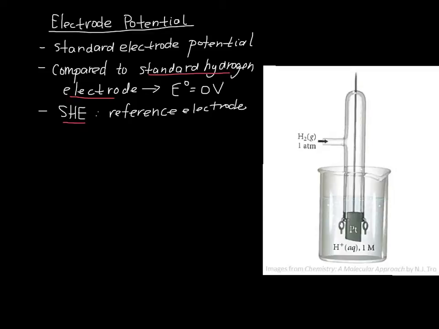So if we pair a different half-cell reaction with the standard hydrogen electrode, then we can find the standard electrode potential for a different half-cell reaction. Let's take a look at how that works.